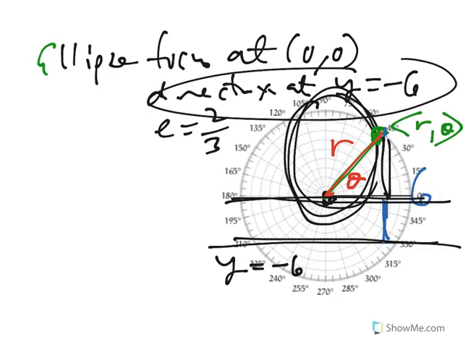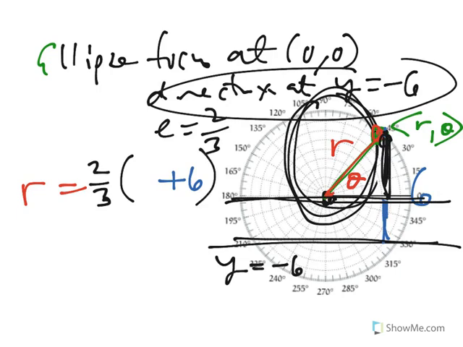We want a relationship, and the relationship is that the distance to the focus is the eccentricity, which is 2/3, times the distance to the directrix. That's this black line plus the blue line. The blue line is 6.